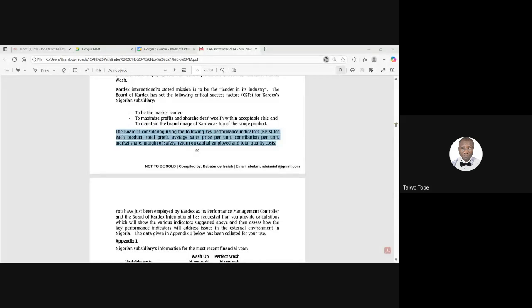So in relation to this question, how will you measure the market share of Wash-Up and Perfect Wash? We have the sales in units, and we have the market size in units.